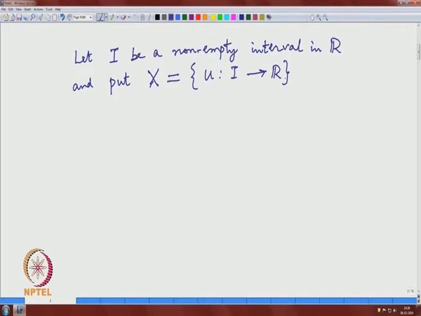As of now, I am not putting any structure on the solutions, continuity or differentiability, anything. So, they are just functions.